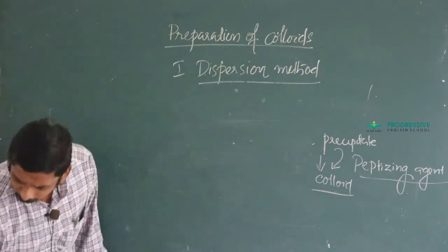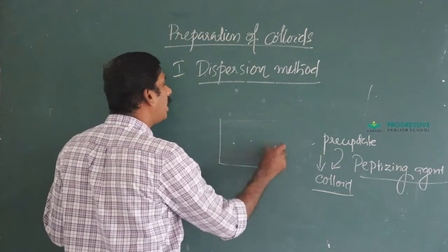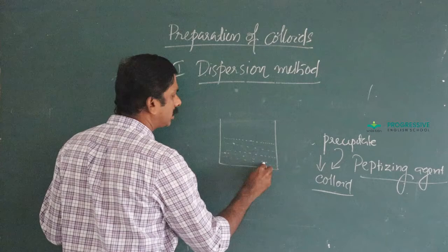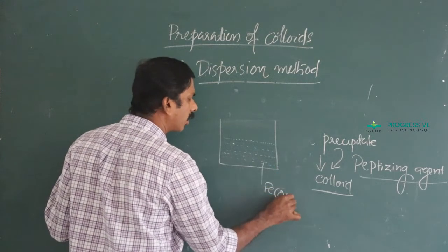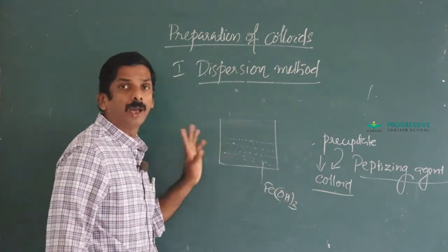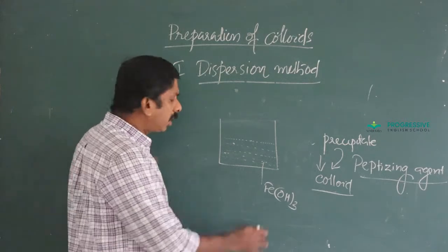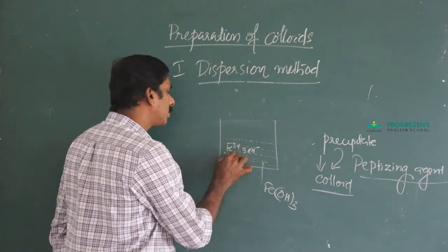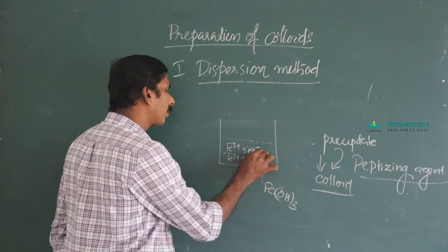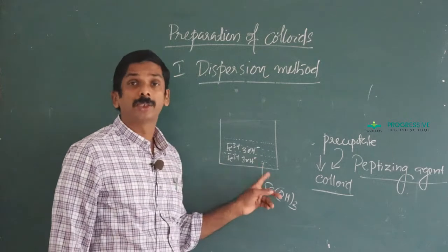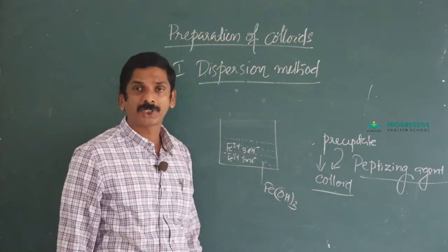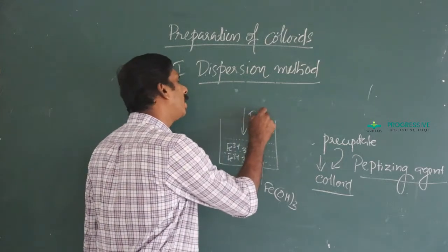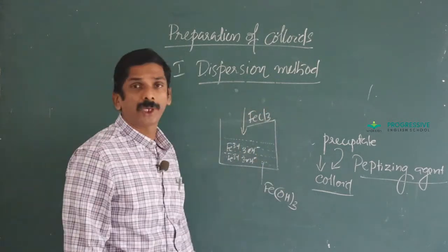If we take ferric hydroxide precipitate in a beaker, it dissociates into Fe3+ and OH- ions. Initially it is in the form of a suspension or a precipitate. To that we add ferric chloride, FeCl3.